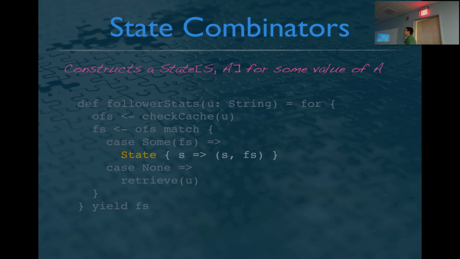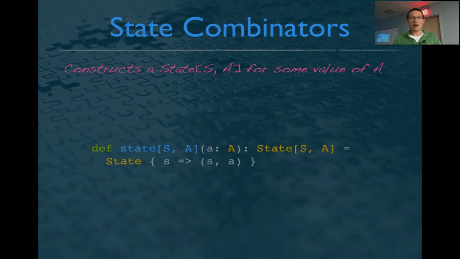So let's look at this thing. This was weird, right? Given sum A, in this case fs, we want to wrap that fs in a function from s to sa, completely ignore the input s, just pass it through, and then wrap that in a state. It turns out that is pretty useful and happens a lot. So why don't we refactor that into a method?